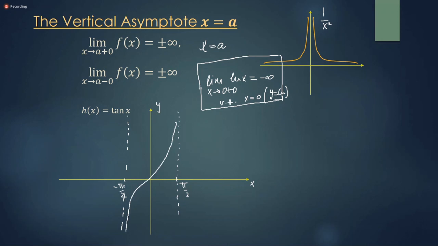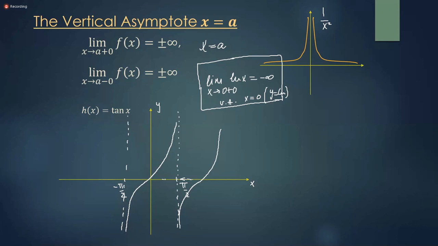We could take the one-sided limits, for example, at pi half, and we know that evidently the period repeats. So when we approach pi half from the right-hand side, the limit of tangent is minus infinity. It tends to negative infinity.